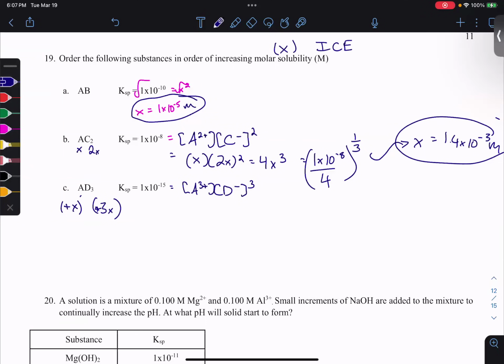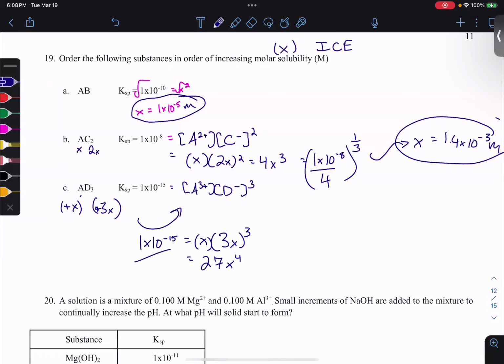So when you put these values into the KSP expression, 1 times 10 to the negative 15 equals X times 3X cubed. 3 cubed, I think, is 27. So 27X to the 4th.